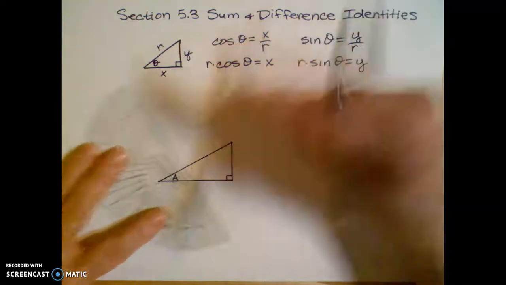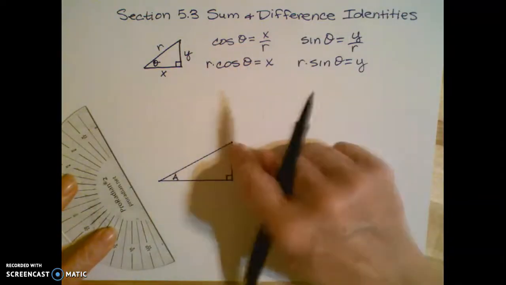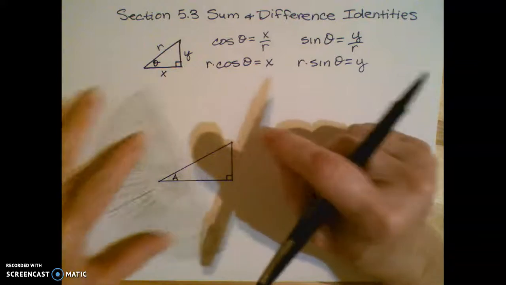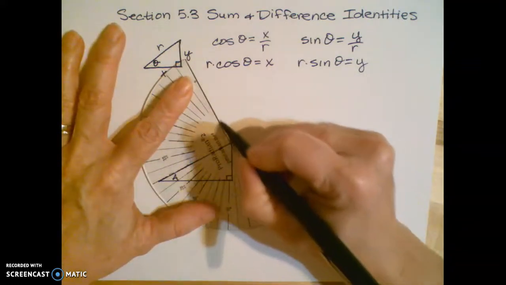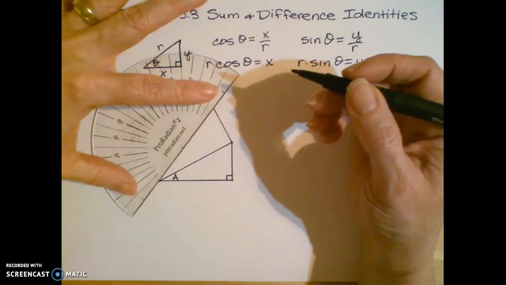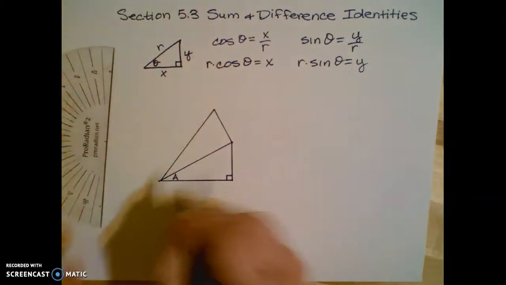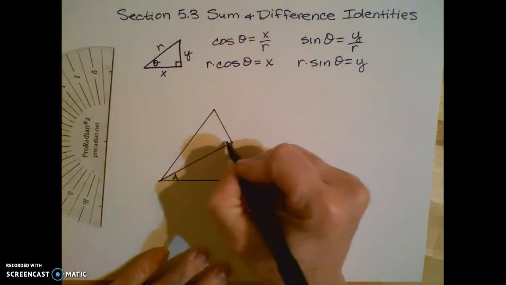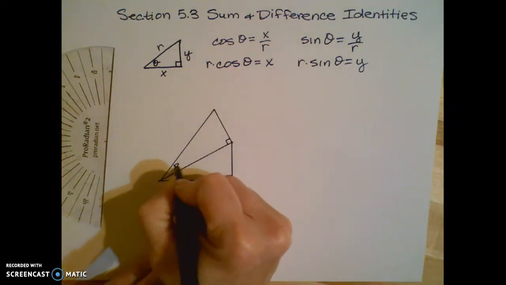And the way that we're going to do that is by taking this point, and along this hypotenuse here, that hypotenuse is going to become a leg of our second right triangle. I'm going to draw another right angle here, and we're creating a second right triangle such that the leg of the second triangle is the hypotenuse of the first. And we're going to call this angle B.